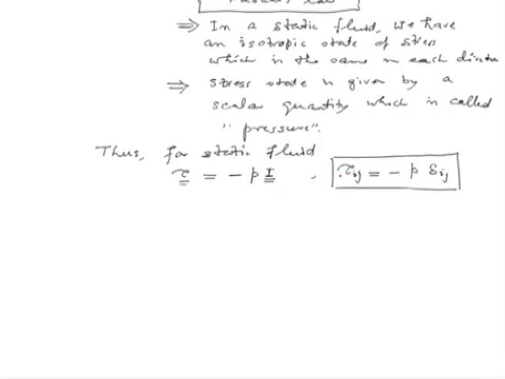Now, the presence of the negative sign before p is due to the convention which you follow for p and tau.